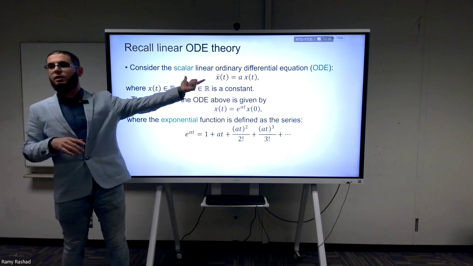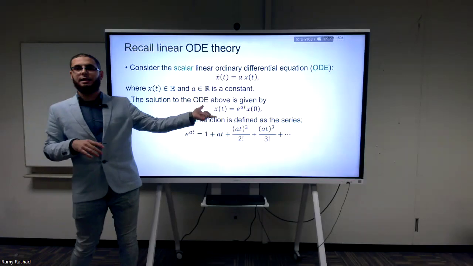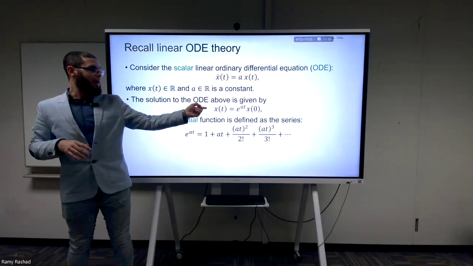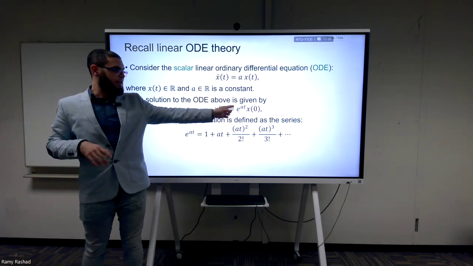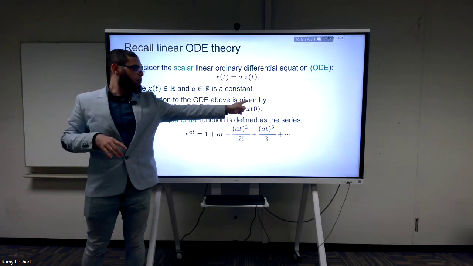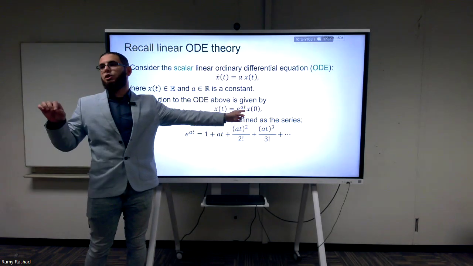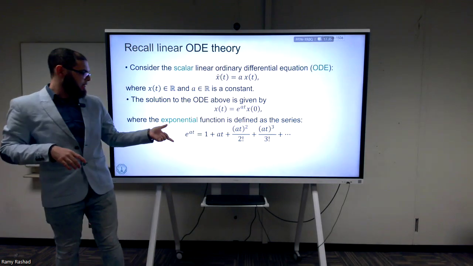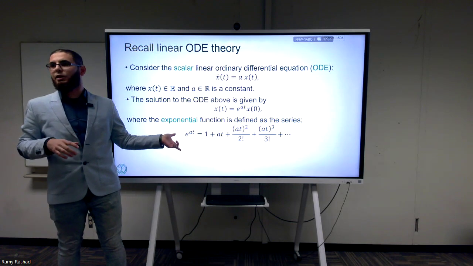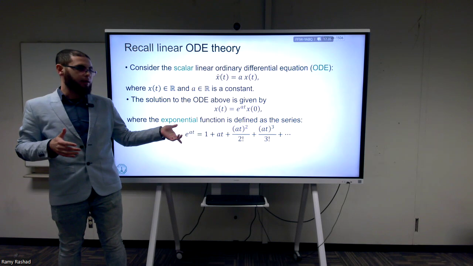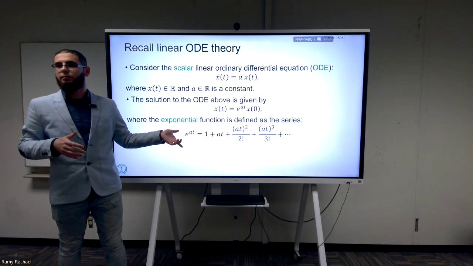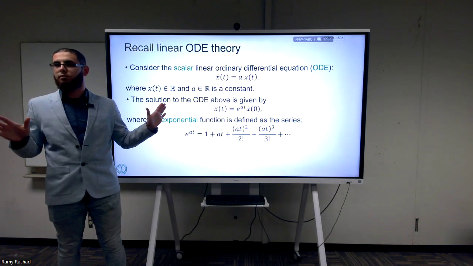The solution has an exponential expression, where x at any time t is given by the exponential of at multiplied by the initial condition that you started with. And you should also be familiar that this exponential is calculated in general by a series expansion. Makes sense to everyone?